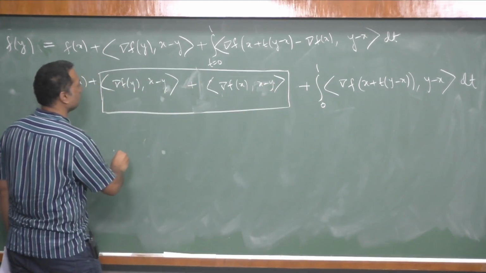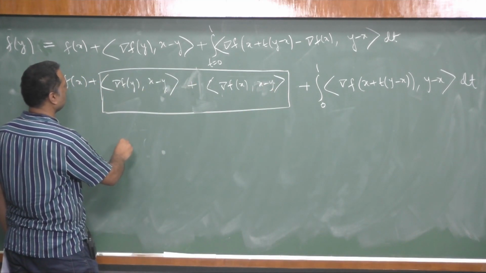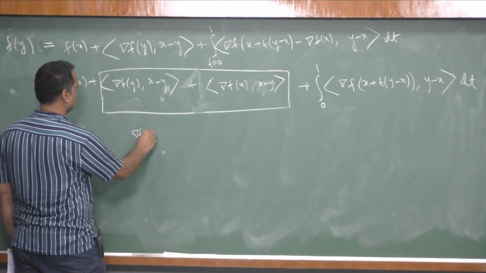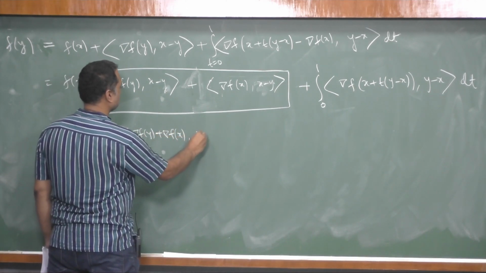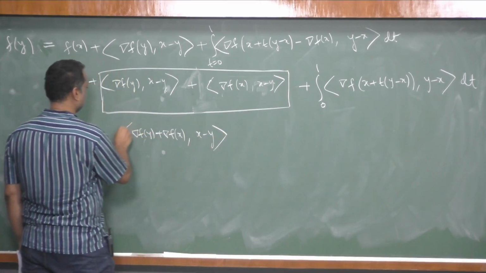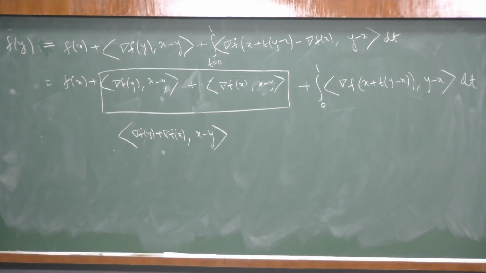But still I don't see them going to 0. So this becomes grad f(y) plus grad f(x), x minus y, but still this doesn't seem to be 0. It was minus grad f(x), y minus x, but the minus we took inside, so it is x minus y. That's fine. Even this doesn't seem to be 0 to me.